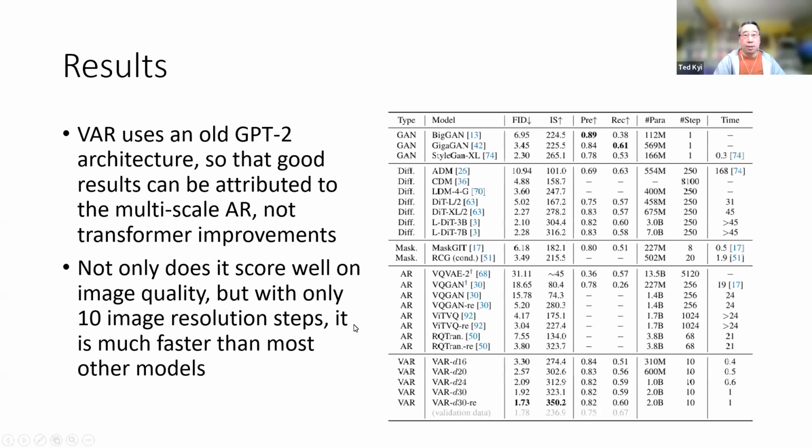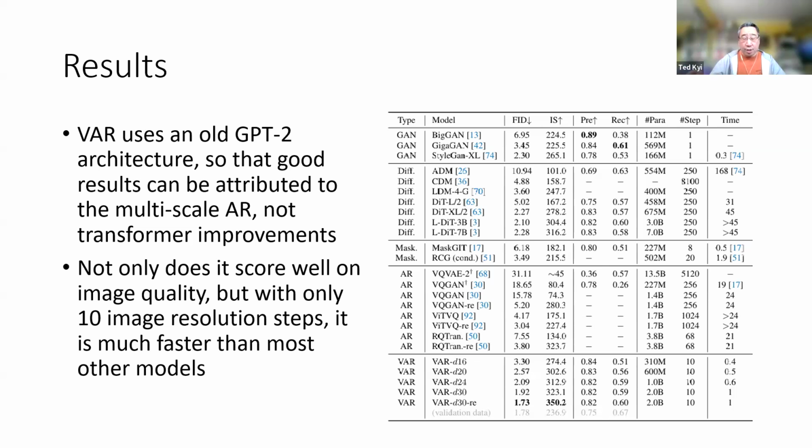Then you can see some of the results here, and they had really good image quality, if you're familiar with FID, Fréchet inception distance, and inception score. They also said that because they were able to do inference in chunks, they had many fewer steps than if you did autoregression naively.